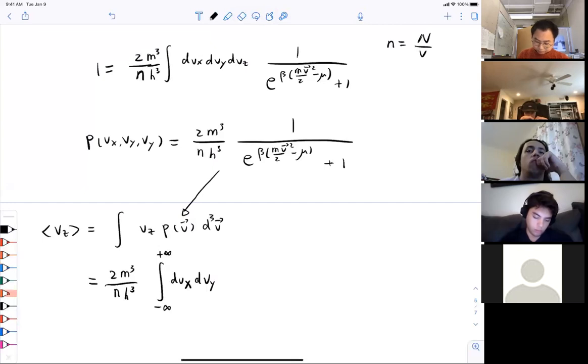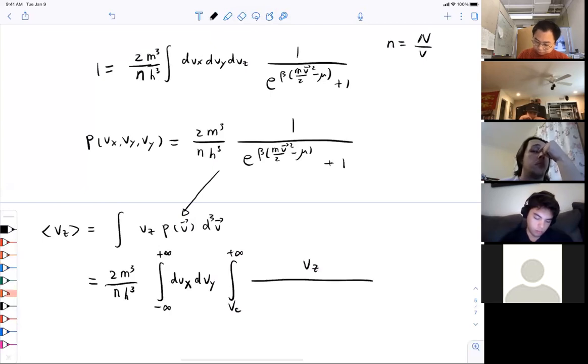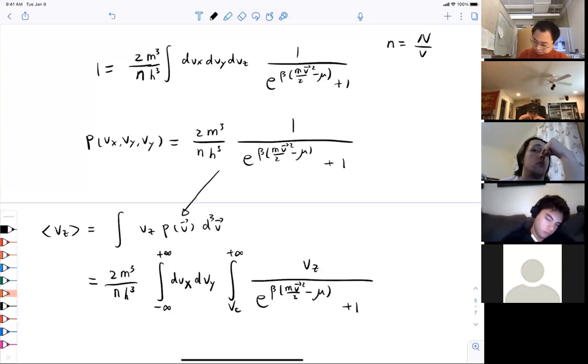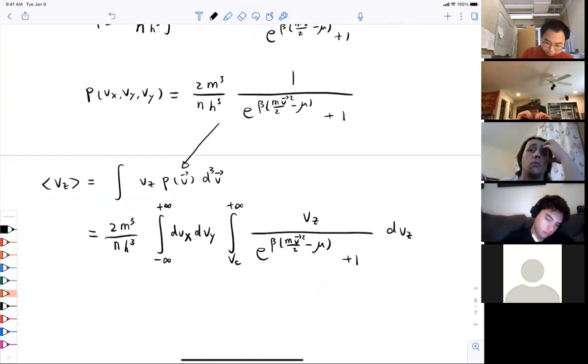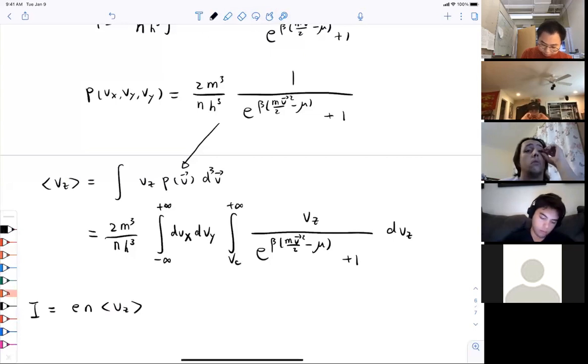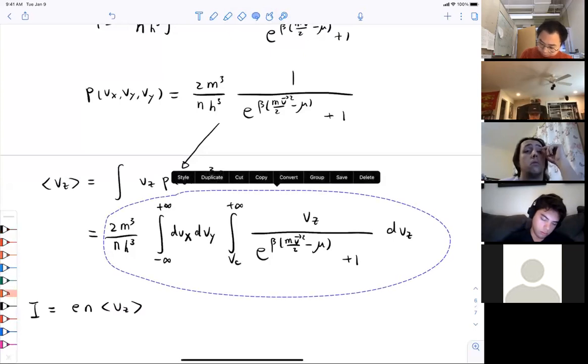And for Vz, we should integrate from Vc, the critical velocity, to infinity, right? Then the current is given by e n times the average Vz. So we just need to change the prefactors.